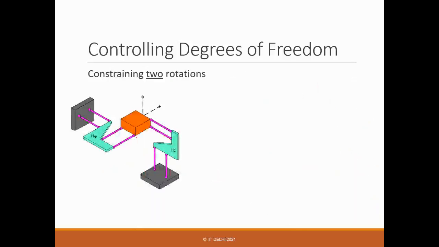What happens if you have two rotations? Yes, you can use the building blocks. For this rotation, orthogonal, right? So orthogonal is this one. So this corresponds to this. And if you have this rotation, you constrain it with this.